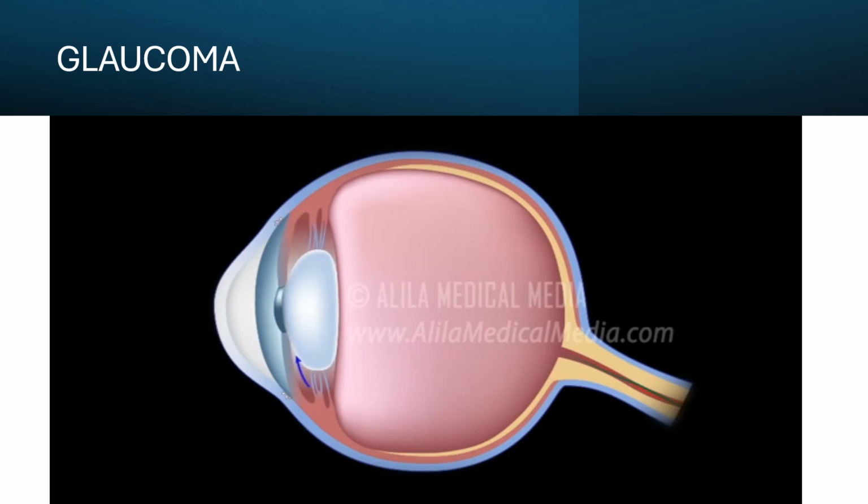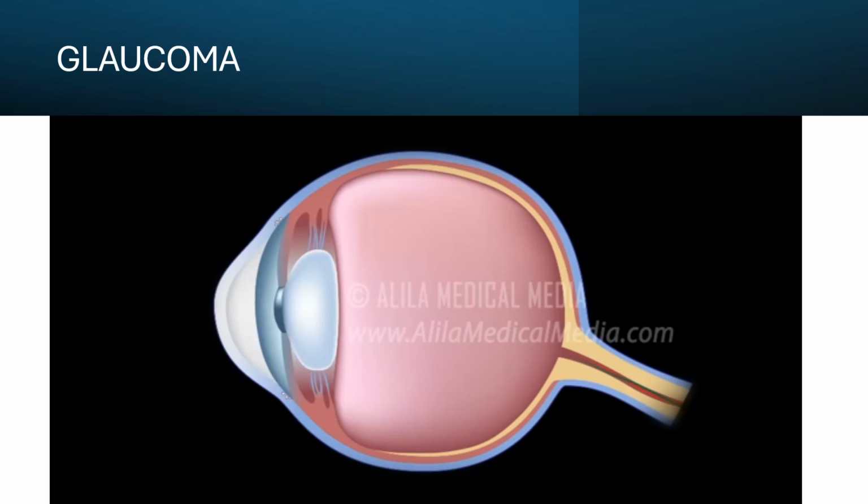It then flows through the pupil into the anterior chamber between the iris and the cornea. From here, it drains through a sponge-like structure located at the base of the iris called the trabecular meshwork and leaves the eye. In a healthy eye, the rate of secretion balances the rate of drainage.